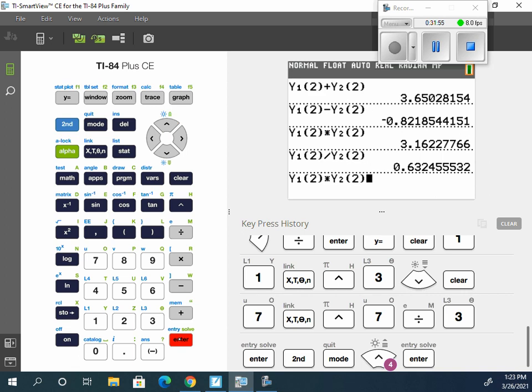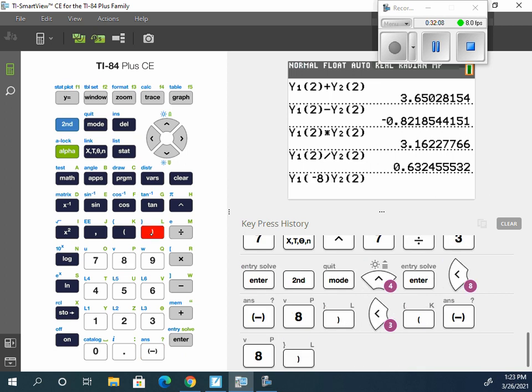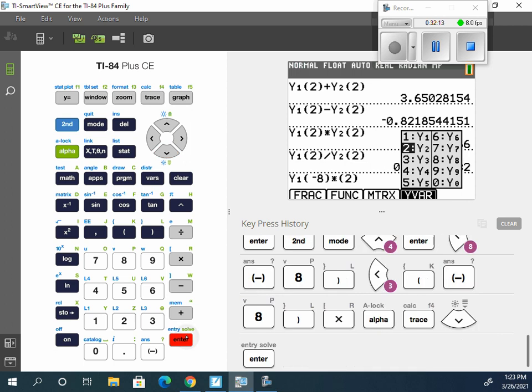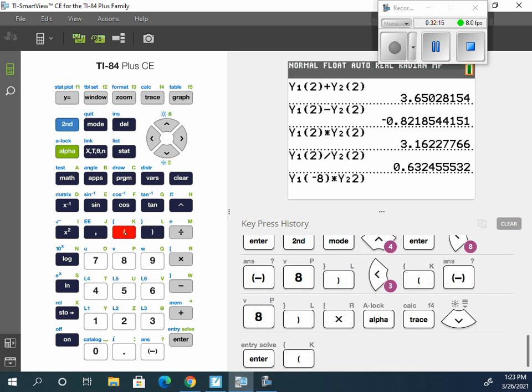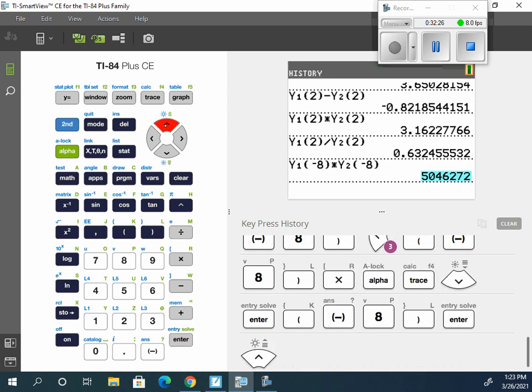So we did the multiplication, and I'll end up probably having to retype this. Because we had negative 8. Parentheses, negative 8 times alpha trace, enter, parentheses, negative 8. And that's the answer we got, yes? So this makes it a little bit easier to calculate.